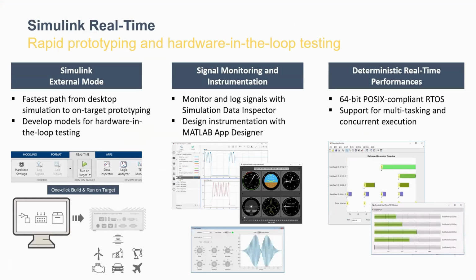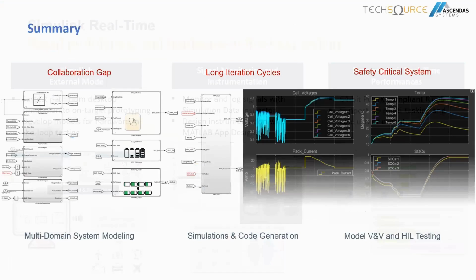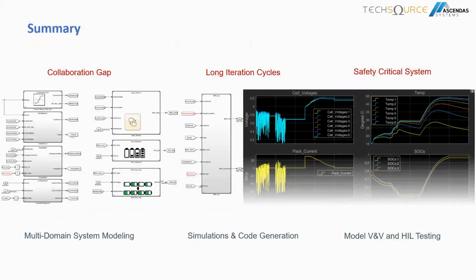So in summary, we have shown you how we are developing safety critical systems, in this case battery management systems, with long iteration cycles and collaboration gaps between hardware and software teams, which is usually about the requirements. We have shown you how the requirements are embedded within the models themselves, and then executing these requirements for your applications.